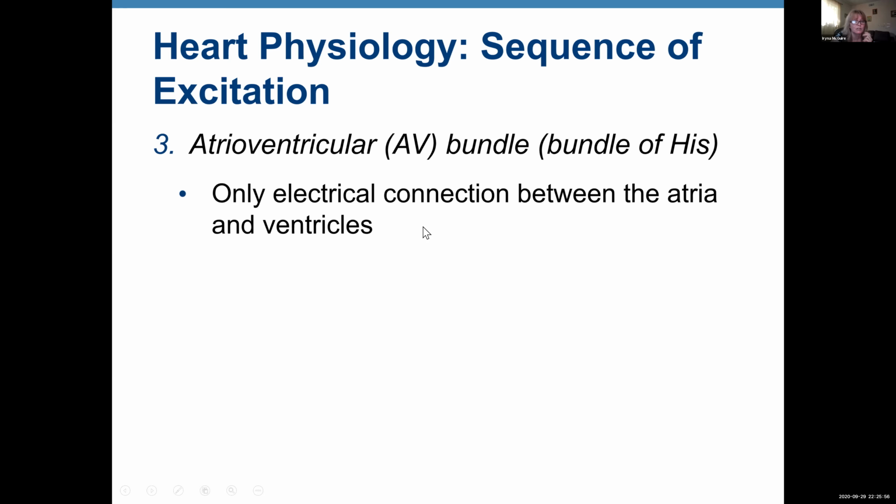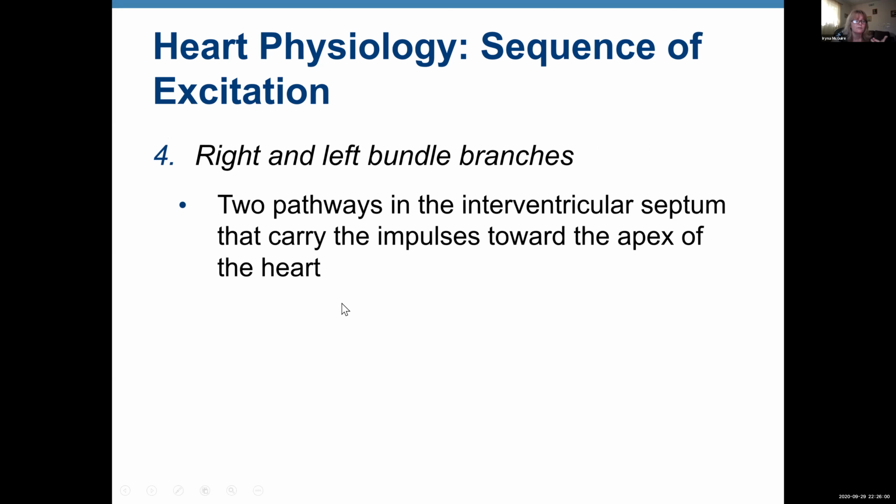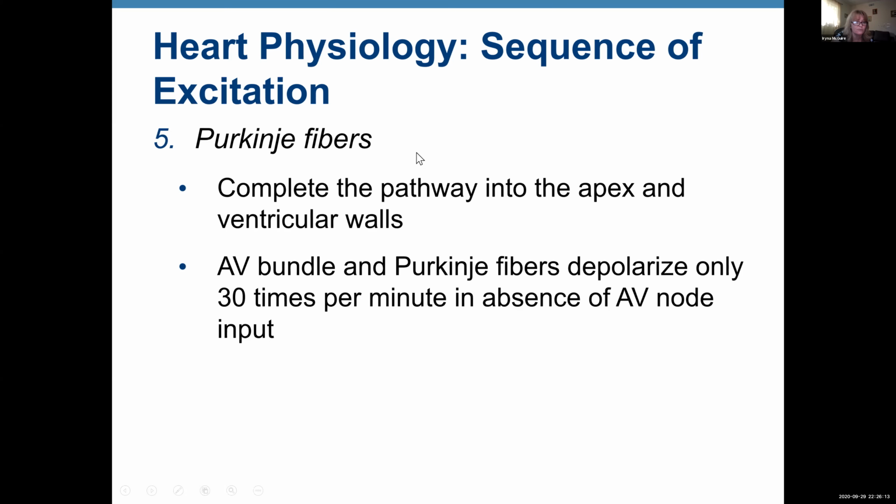Now, AV bundle, the old name is bundle of His. This is the only electrical connection between atria and ventricles. And then we have these AV bundle branches, right and left bundle branches, two pathways in the interventricular septum that carry impulses towards the apex of the heart. And Purkinje fibers complete the pathway into the apex and ventricular walls. Now, AV bundle and Purkinje fibers also can generate their own action potential.